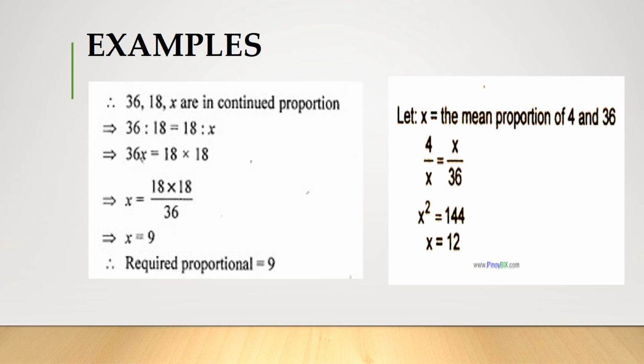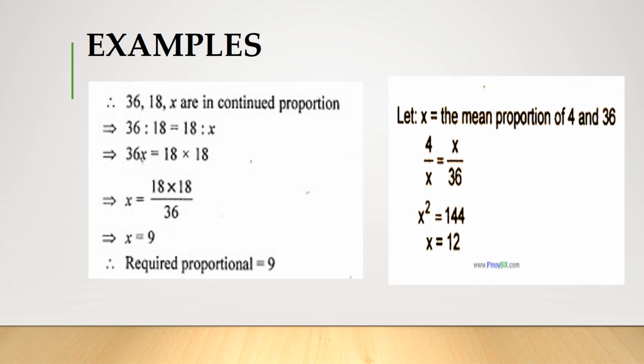By the proportion we have discussed, the product of extremes will be equal to the product of the means. The extremes give 36 into x, and the means give 18 into 18. So 36x is equal to 18 into 18.